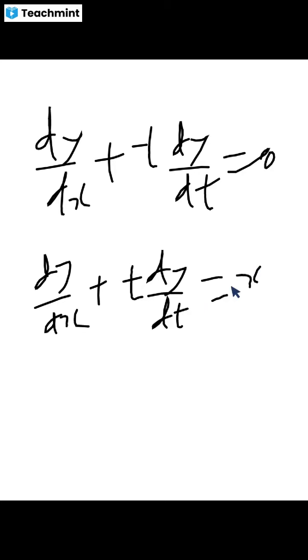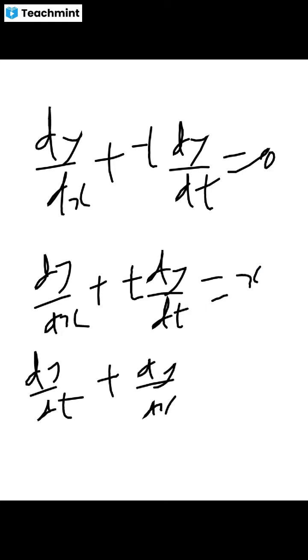If you have something like dy/dt plus dy/dx minus x squared is equal to 0, you can see that this one is linear, but it is not homogeneous, because we are going to move this x squared to this side.